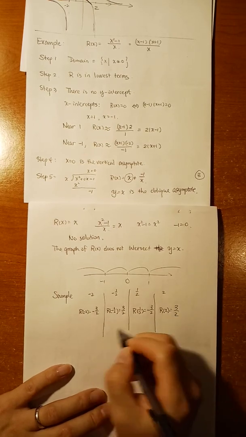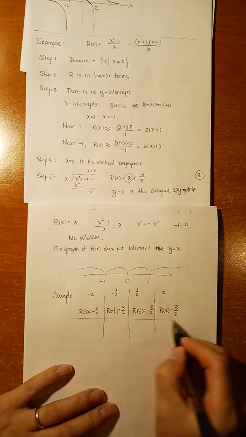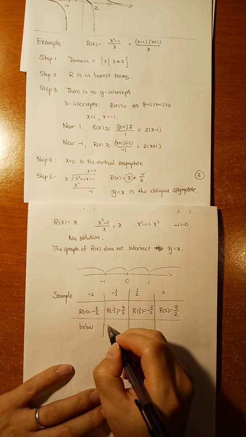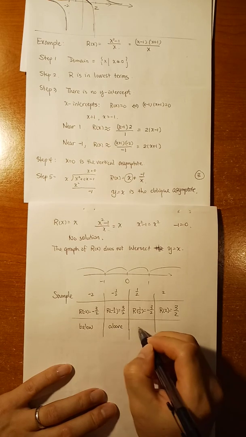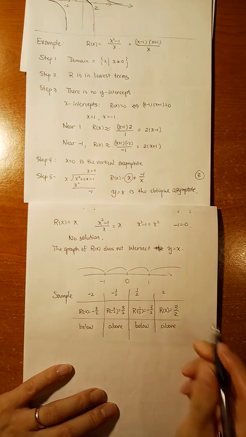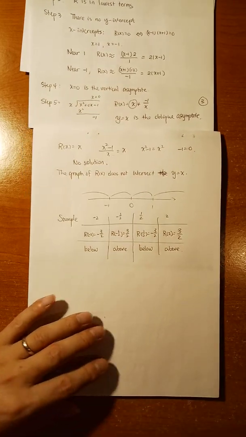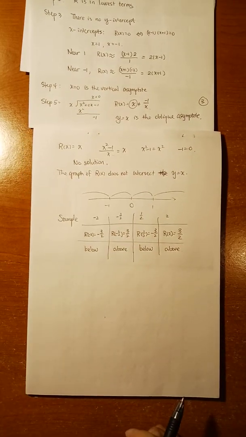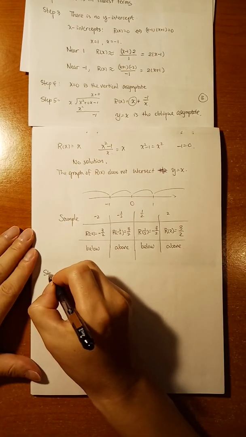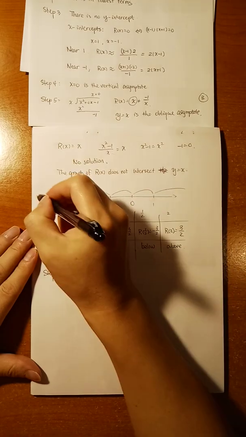Okay, so after you get this, you can see that this is below the x-axis, above the x-axis, below the x-axis, above the x-axis. Okay, so that's the information we have. This is step 6.